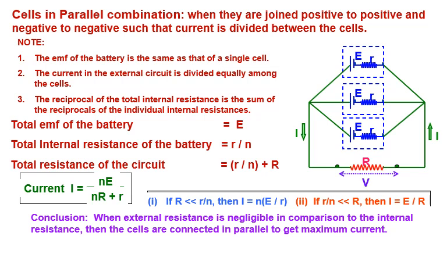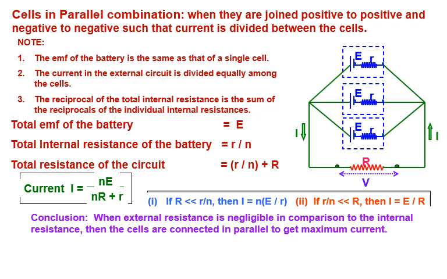In the numerical problems, instead of E and small r, either in series combination or in parallel combination, there will be values given to you, and you have to put those values in and find the value of current flowing in the circuit.